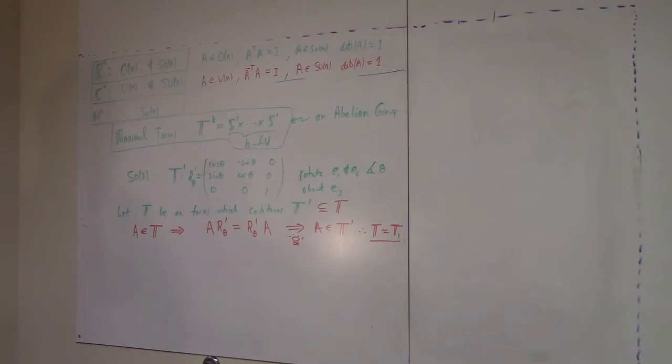Why is it T1 has to be contained in the other torus we're looking at? What's in T1? S1? Right, what's in S1? The center of S. It's just the unit circle. Yeah, I think the identity element has to be in here, right?